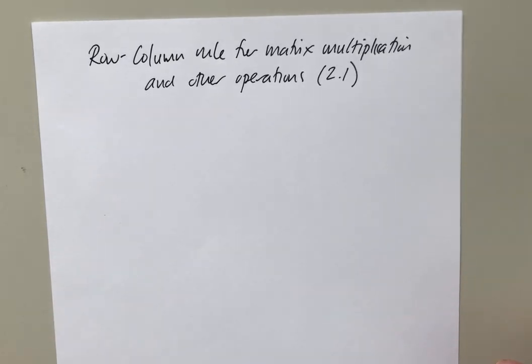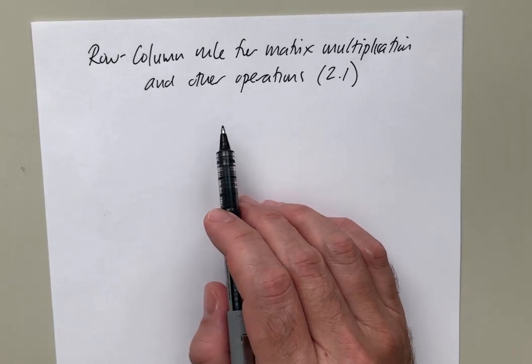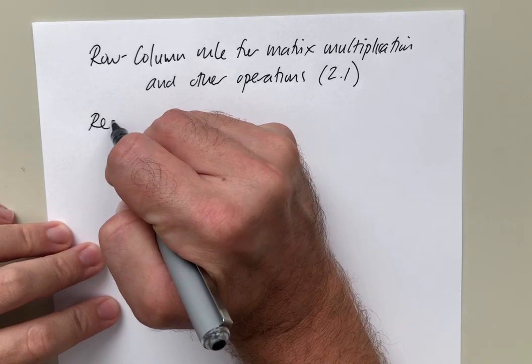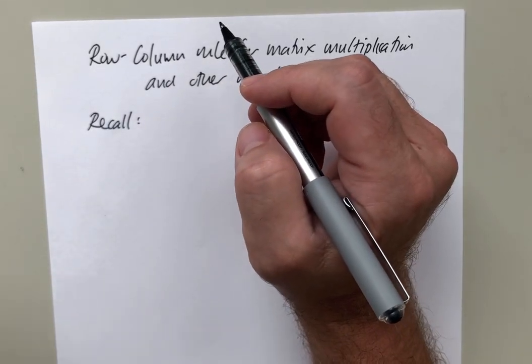Hello everyone. Today we'll talk about what's called the row-column rule for matrix multiplication, and I'll mention a couple other matrix operations. Let me recall from last time that we have this idea of matrix multiplication.